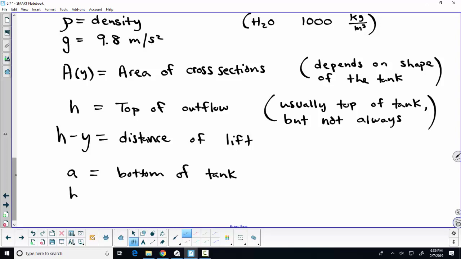And B is not necessarily the top of the outflow, because sometimes we might have a tank with an outflow pipe coming out of it, but B is always the top of the tank, wherever we stop with our cross sections. Whatever liquid we're pumping out, it's the top of the vessel where we're stopping, so it's the top of the tank.